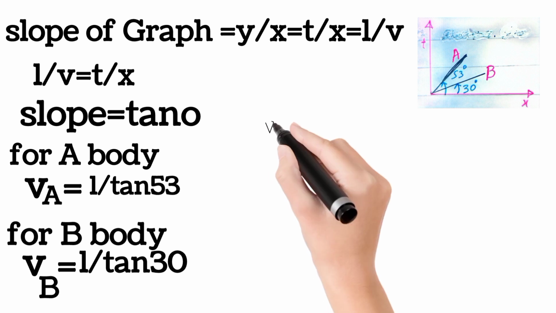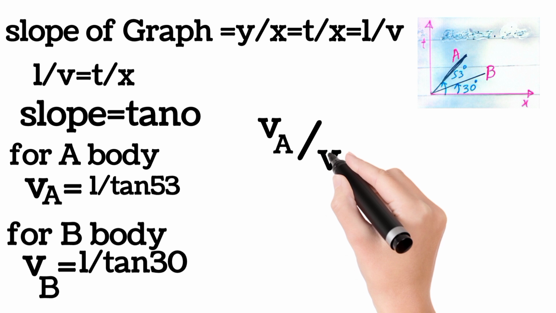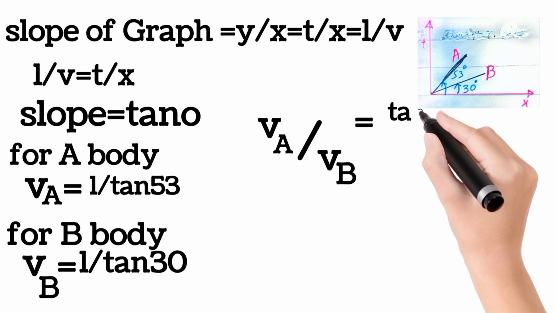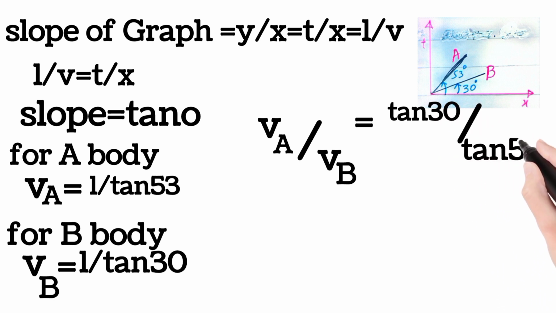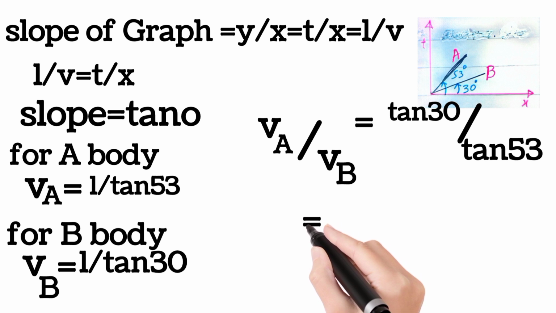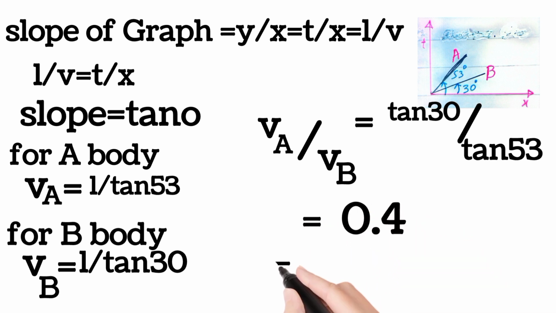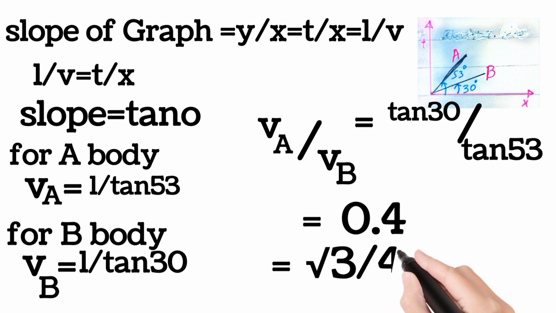So VA divided by VB, the ratio of speeds of objects A to B, is equal to tan of 30 degree divided by tan of 53 degree, by simply reversing these quantities. So V of A divided by V of B is equal to 0.4, which is also equal to root 3 divided by 4.